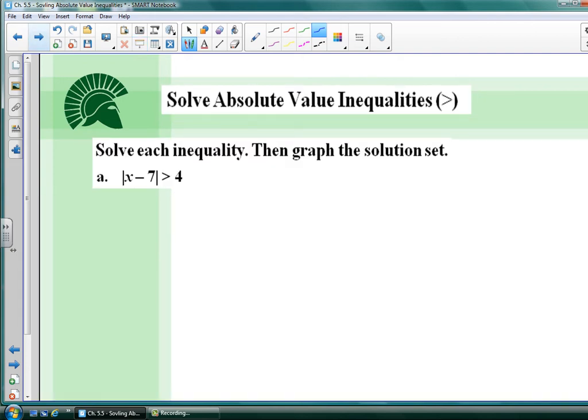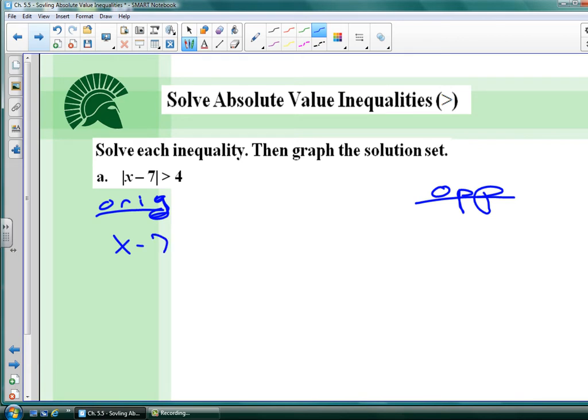This problem, we're using the inequality sign going in the other direction. This is a greater than, so the absolute value of x minus 7 is actually greater than the number 4. Again, split it up into 2. I'm going to do the original on this side this time, and the opposite on the other side. Why? Because it doesn't matter. You just remember that you're doing 2 of them.